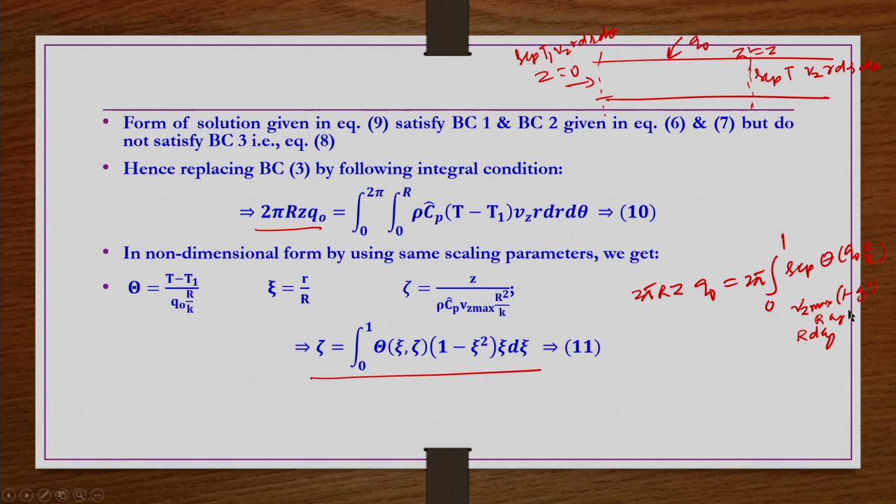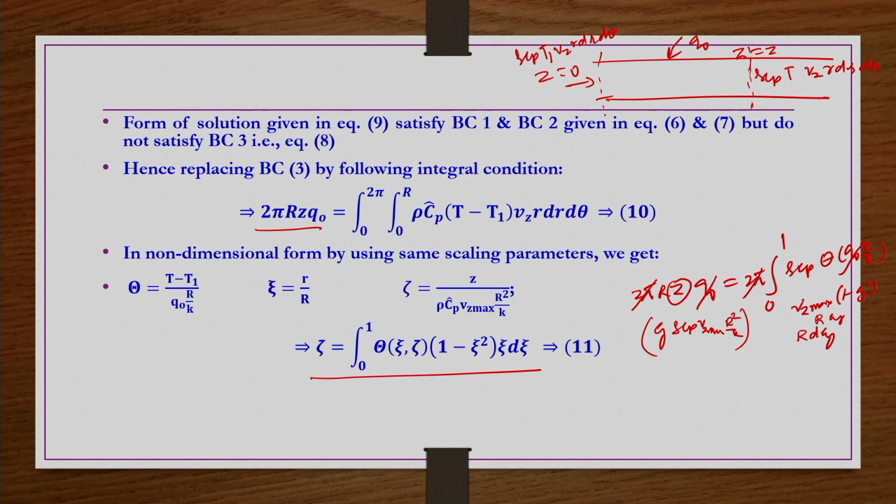And then on the left hand side, in place of z, what do we have to write? Zeta rho Cp Vz max R square by k in place of z. So this 2 pi is cancelled out, this q naught is cancelled out.